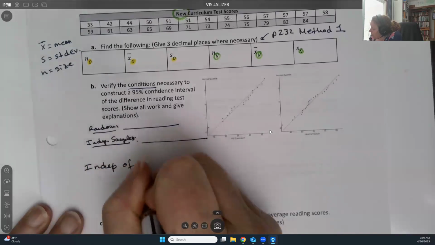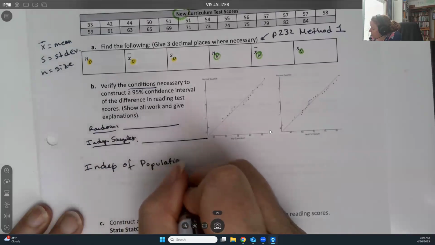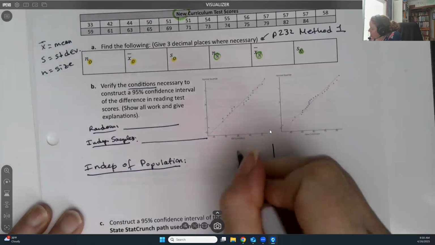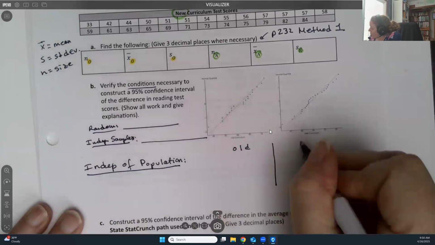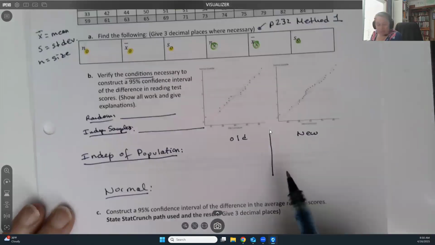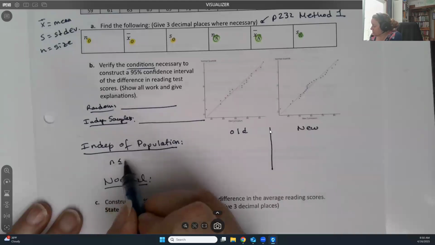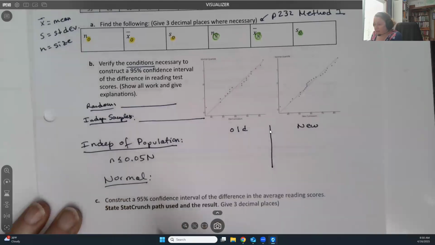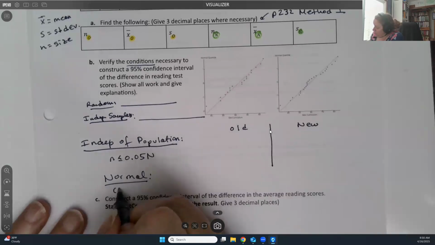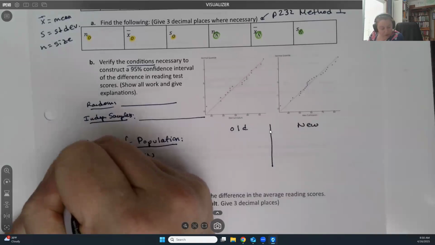You have to do independent of population twice, for the old and for the new. And then normal. For normal, you can say the same thing for both, but independent of population, that's the n is less than 0.05 capital N. You're going to have to do that twice. Normal, need the graph. I did an example on page 225.